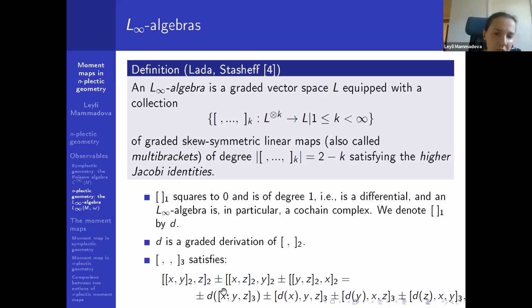In the language of homological algebra, this is referred to as up to homotopy. So you often hear that the Jacobi identity is satisfied up to homotopy. This explains the name: the paper where Lada Stashev introduced these objects was called, I think, an introduction to strong homotopy Lie algebras. So these objects were called strong homotopy Lie algebras, and this up to homotopy business is where that name comes from.